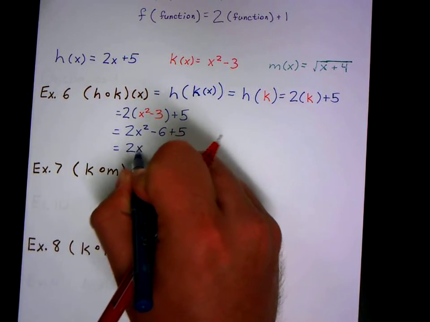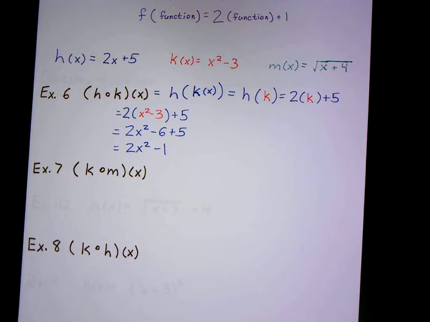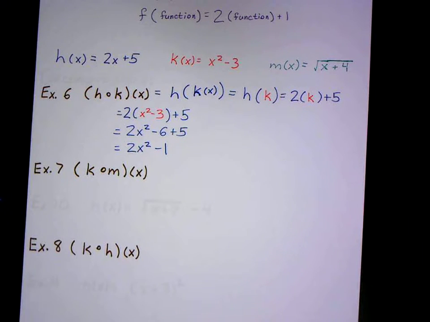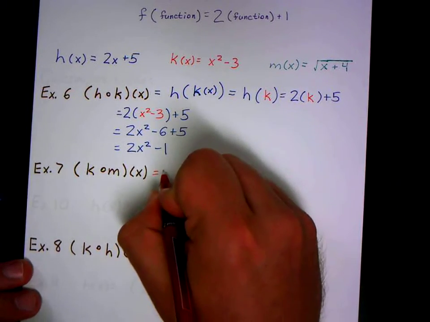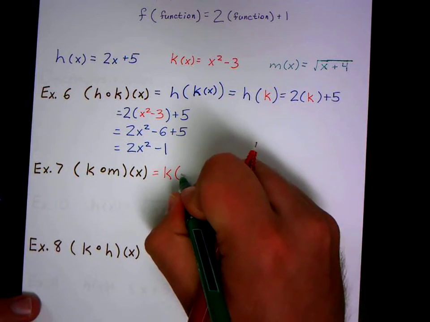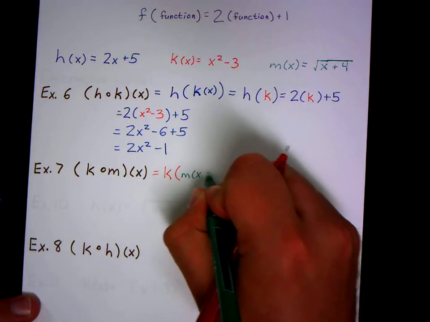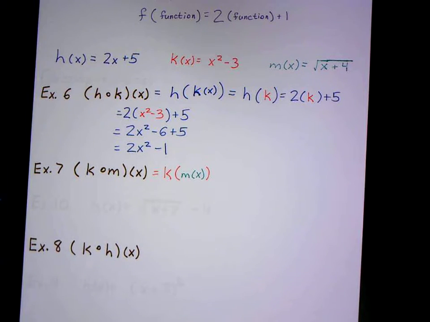So we have 2x squared minus 1. Okay, I'm going to do one more like that, and then I'll try to go a little bit faster.